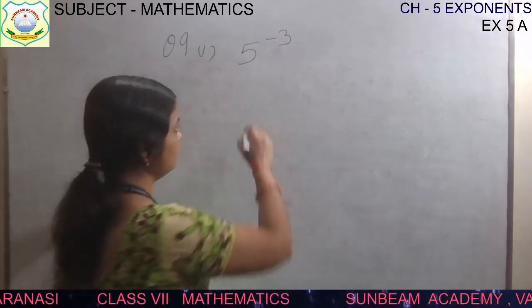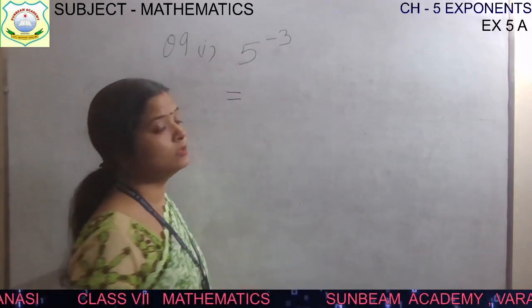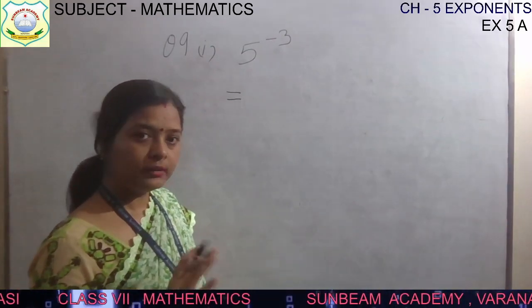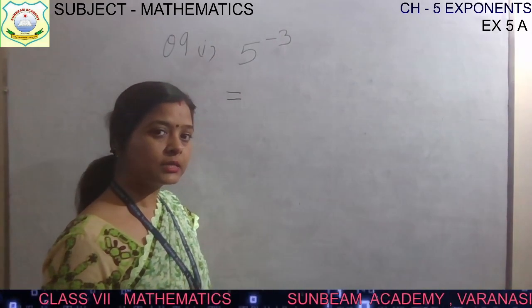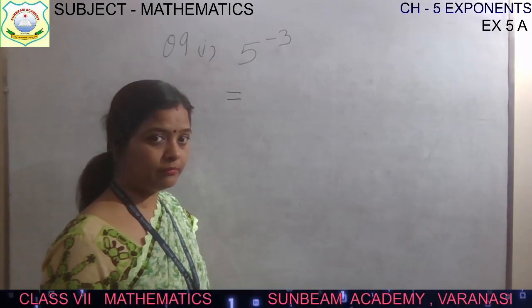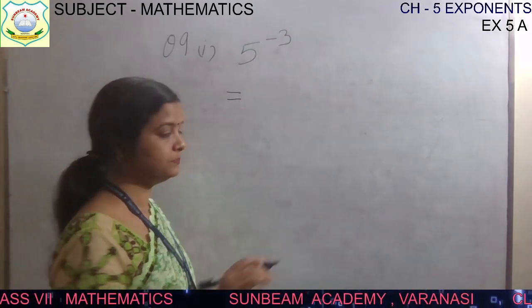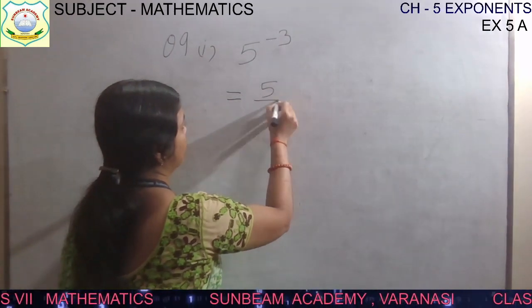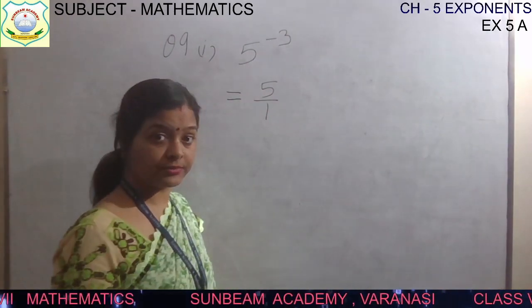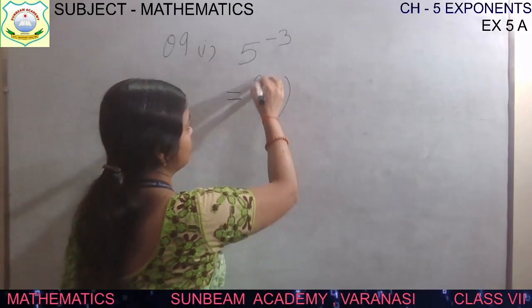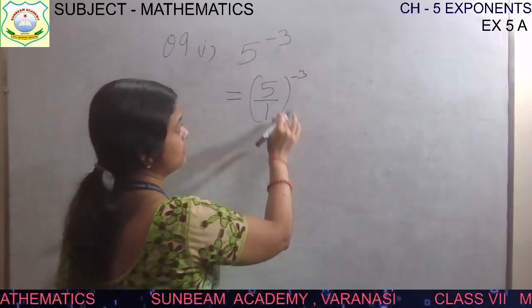So first we will write down its reciprocal, then the negative exponent will be converted into positive. See this, 5 I can write as 5 by 1 to the power minus 3.